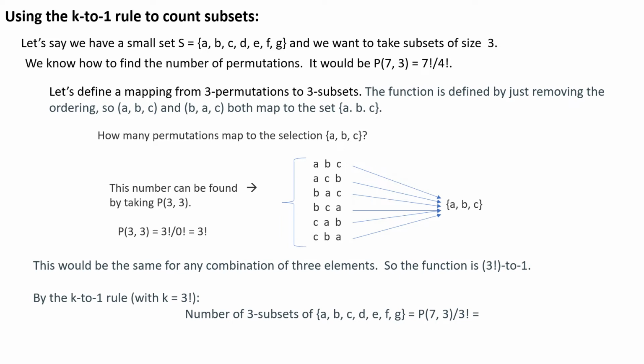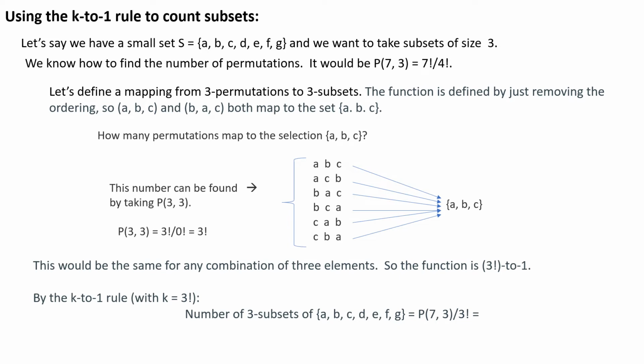Okay, so let me say this again, because I'm not sure if what I said was confusing or not. Remember, what we're trying to do is compare the number of subsets of size 3 to the number of permutations of size 3, and we know that's k. For each set of 3 letters, it's a 6 to 1 relationship.